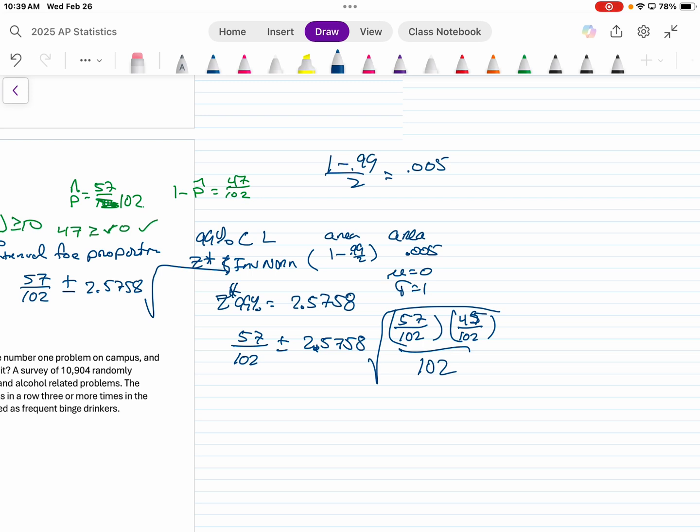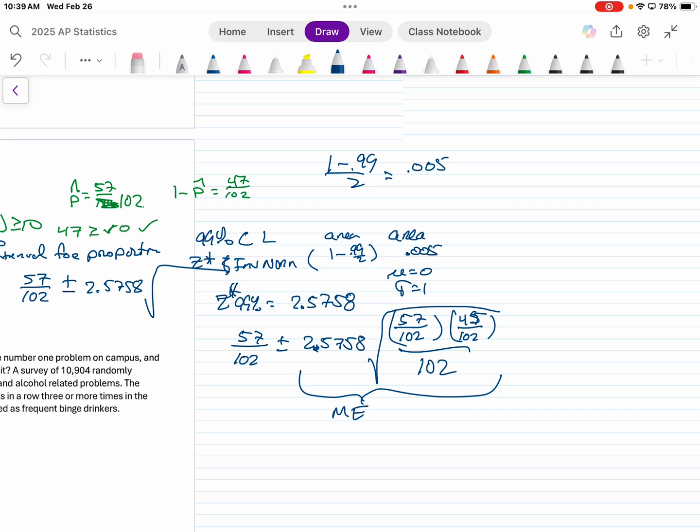Now it's a matter of us going through the calculations. So I would not type that. We can't type in a plus or minus symbol in the calculator, so we got to simplify this part over here. Remember, that whole part over there is the margin of error, because sometimes they ask us for what the margin of error is.